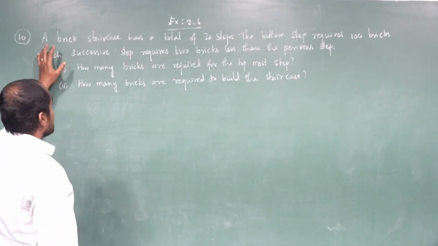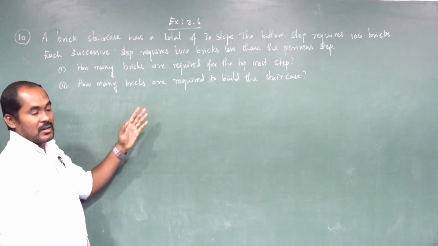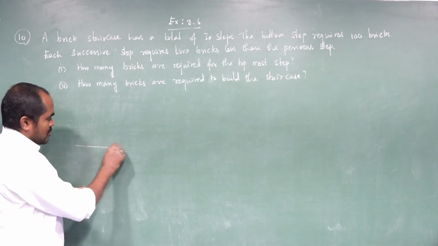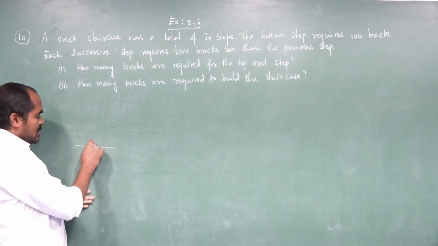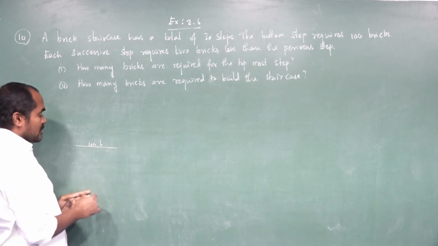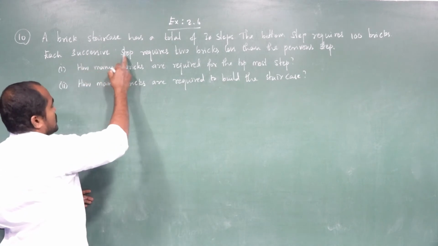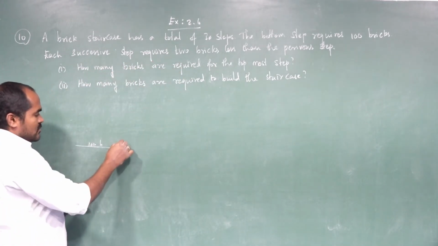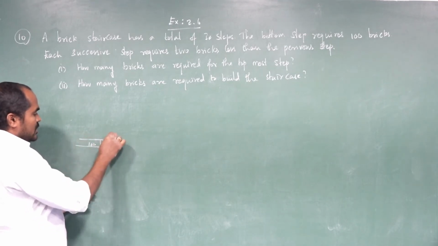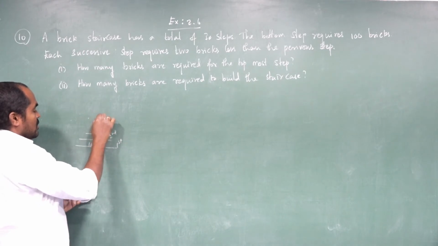So listen, a brick staircase has a total of 30 steps. The bottom step requires 100 bricks. Suppose consider this is the bottom step. Next sentence, each successive step requires 2 bricks less than the previous step. So suppose this is the first step, second step, third, and it goes on.